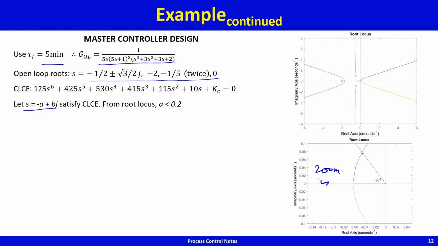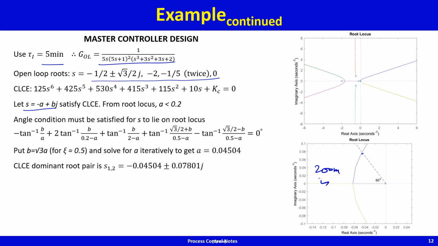This is the root that we are looking for. At this root the angle condition must be satisfied. So if this is taken as minus a plus bj, then the angle condition gives us this, and you put b equal to square root 3a so that you get a closed loop damping coefficient of 0.5, and solve iteratively for a, gives us a equal to 0.04504.